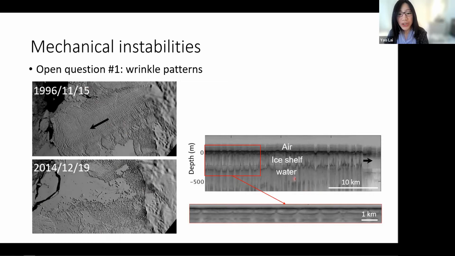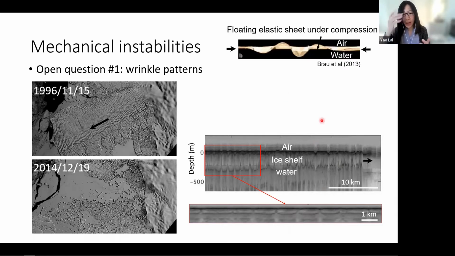Here is a cross-sectional view along the flow. You can see the surface and bottom topography of the ice shelf. Again, the vertical axis is exaggerated. In this bottom plot, where we use the same horizontal and vertical scale, you can see the actual wavelengths of these features are about 3 to 4 times the thickness of the ice.